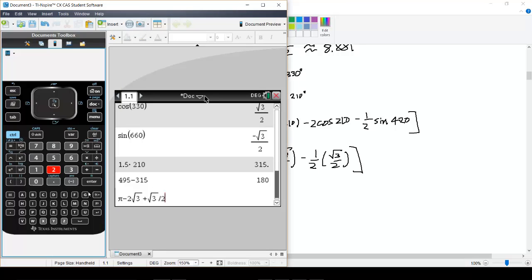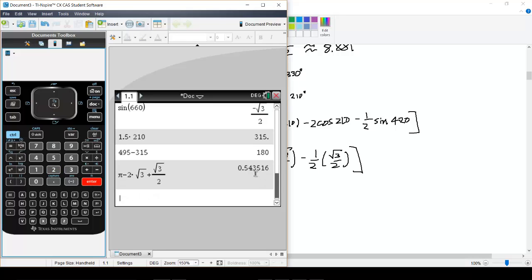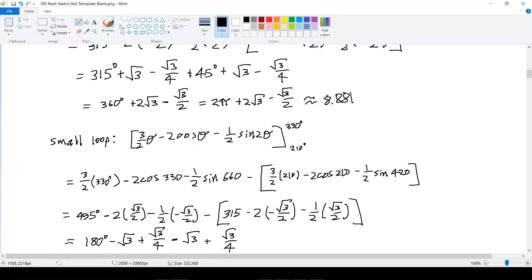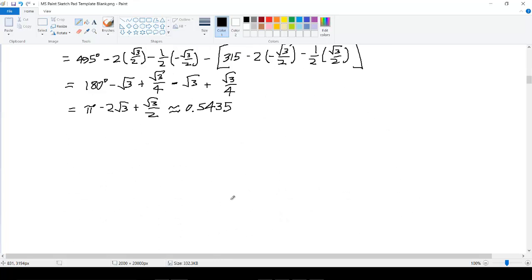Okay. And we want an approximate answer to that, which is 0.5435. Okay. So if you're not worried about an exact answer, at this point you just take this minus this, and you get your final answer.